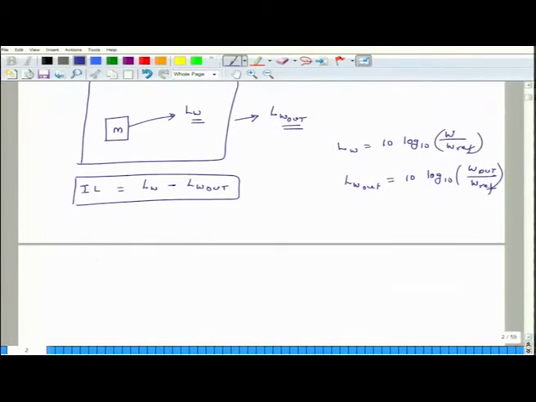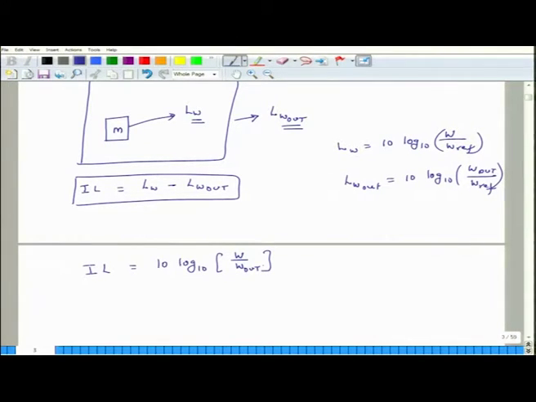So, we can also write the relation for insertion loss as 10 log 10 of W divided by W out.